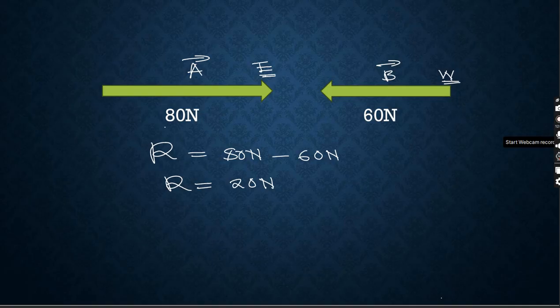The vector which has the bigger magnitude is the one we use for the direction of the resultant vector. So the resultant vector is going to move in the same direction as the bigger vector, which is vector A, and the resultant vector is going to be 20 Newton, direction east. This is how you find the direction.